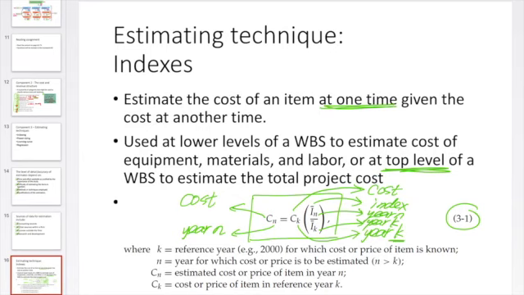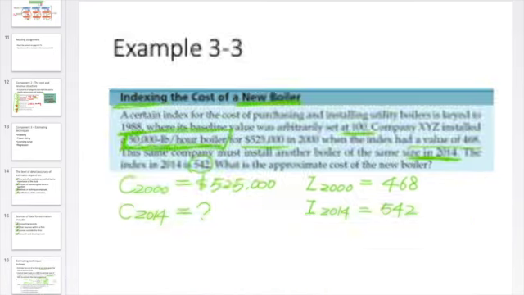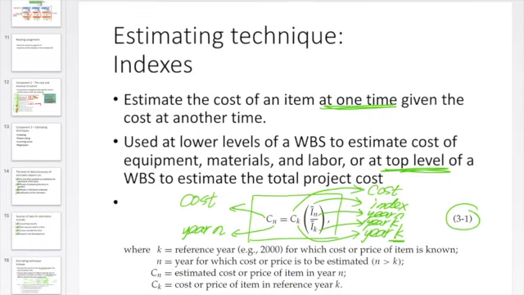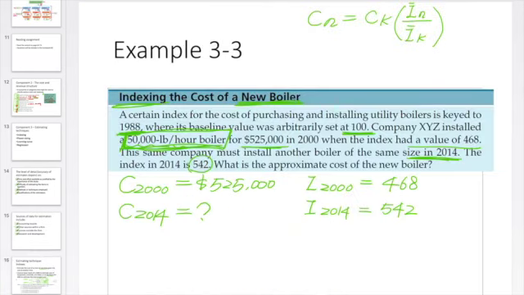Okay, so now let's go back to check this formula. We want to copy that here. So Cn is Ck, some cost you know, times a ratio, which is the I bar N over I bar K, right? That's what the formula tells you. So let's put a bar on these two I's, okay, to make it consistent.